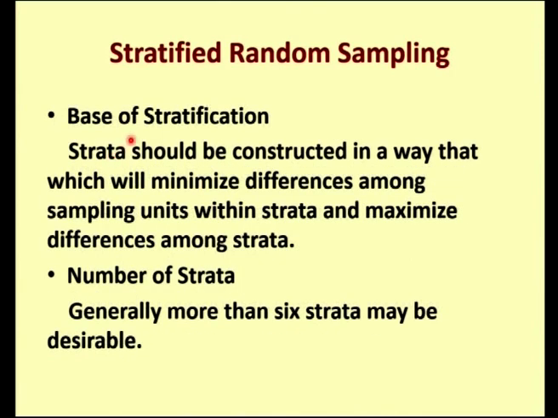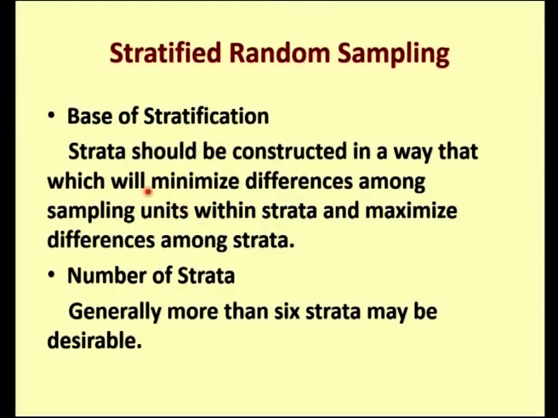What is the basis of stratification? Now we know we have to divide the population into groups and take a sample from each group. How many groups should there be? In the population we have to decide about the groups and the number of samples, and that is given as the basis of stratification. Strata should be constructed in a way that minimizes the differences among sampling units within strata and maximizes differences among strata.